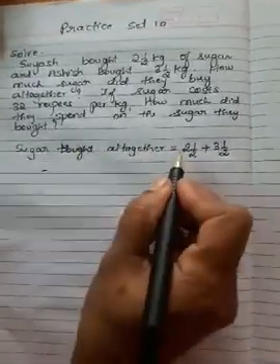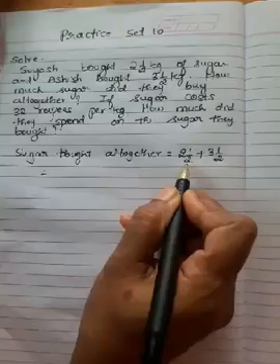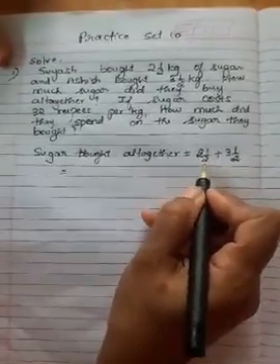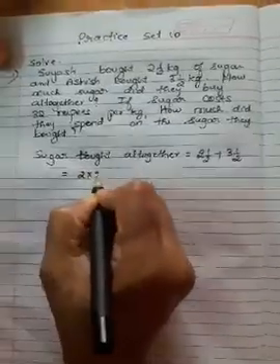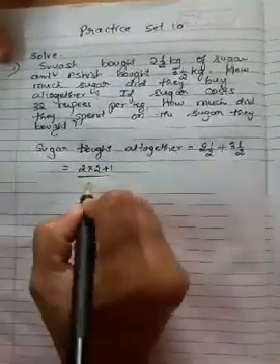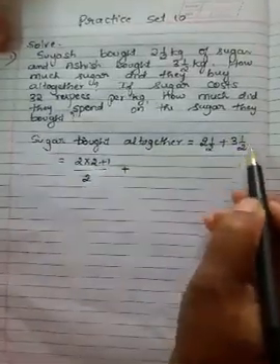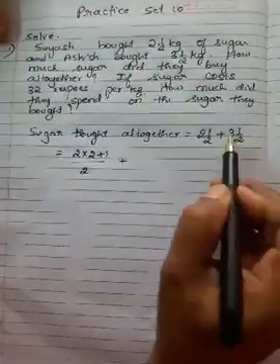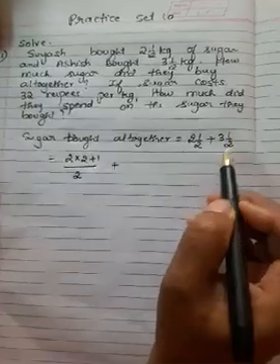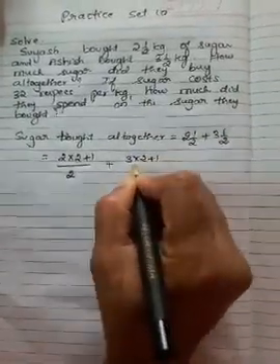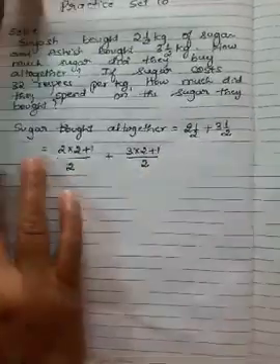Convert into improper fractions. 2 into 2 plus 1 divided by 2, plus, again convert this mixed fraction into an improper fraction, 3 into 2 plus 1 upon 2.